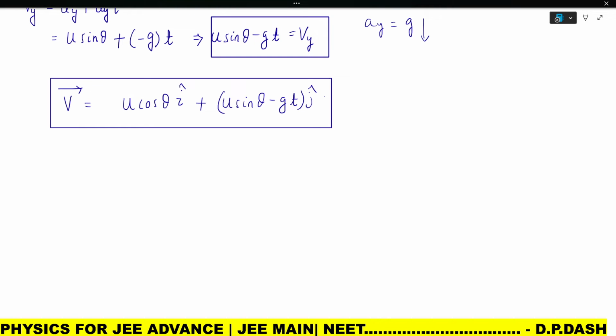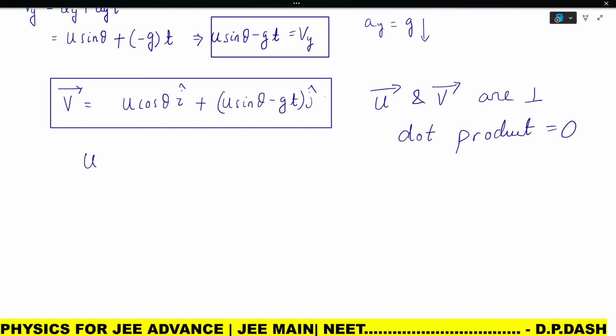Clear? Now if these two are perpendicular, that is the u vector and the instantaneous velocity vector, then their dot product must be 0. When two vectors are perpendicular, their dot product is 0.